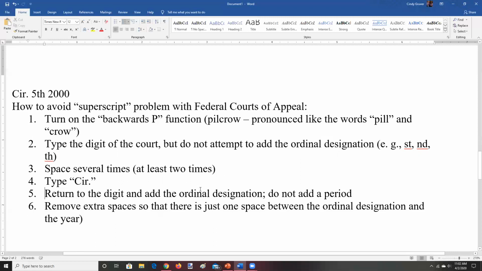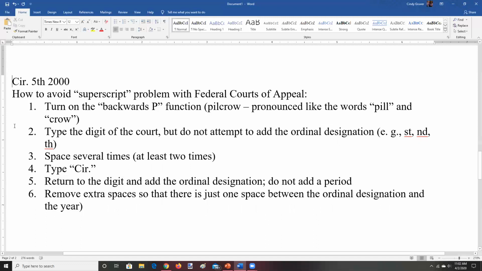Okay, here we go. Sorry about that. Because it should be Fifth Circuit. So this is how we want it to look. Fifth Circuit.